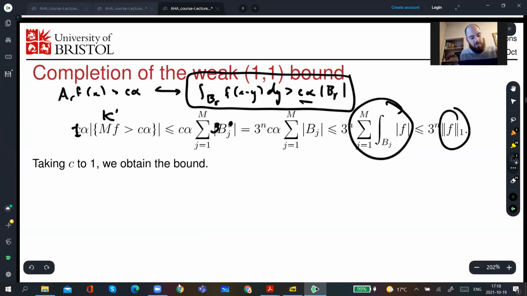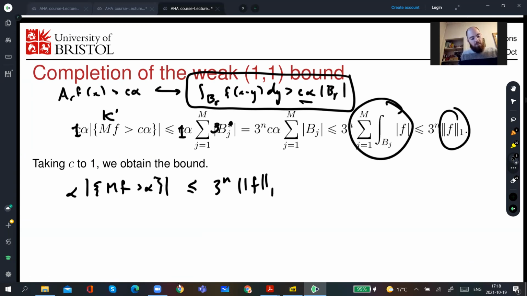This C becomes a 1, and we obtain what we want. That's alpha times the measure of {Mf greater than alpha} is less than or equal to 3 to the n times the norm of f in L1. And you just move the alpha over to get the statement that we started with.